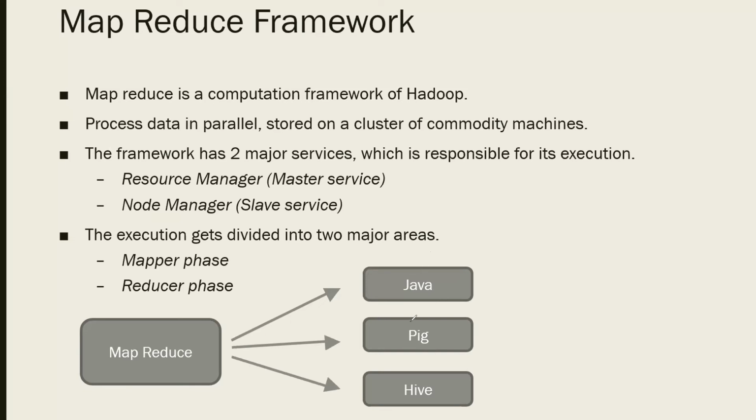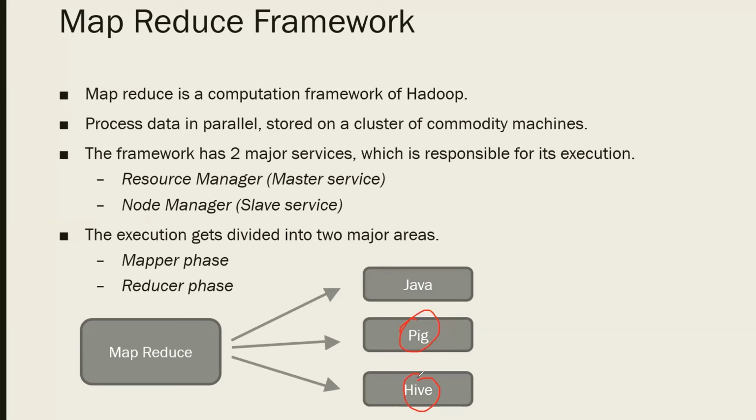Other than this, Apache as an organization has come forward with two new components if you want to deploy MapReduce. In the earlier days, when it was initially pitched, Java was the only language through which MapReduce could be achieved, so we were in need of highly qualified Java professionals to build a MapReduce.